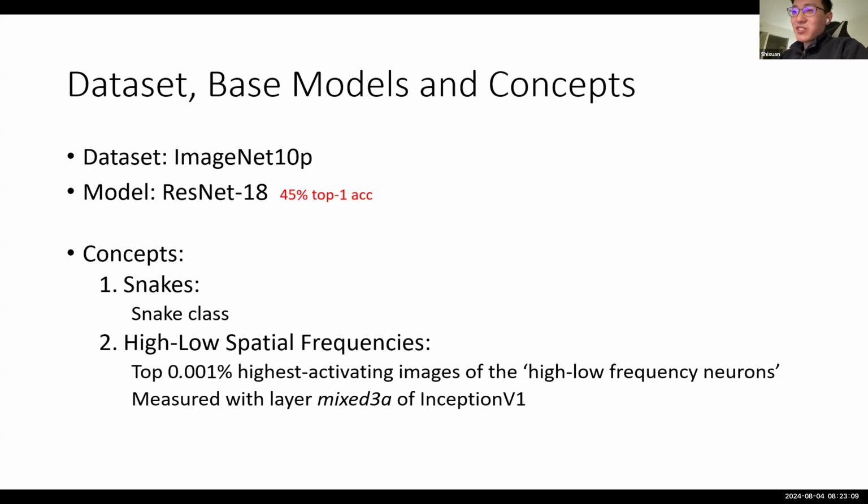It's the classification accuracy on the original ImageNet 10P data set. So it's not doing a binary classification here. For the concept learning binary classification accuracy, I'll introduce it in the next few slides. Okay, thanks, I see. No problem.